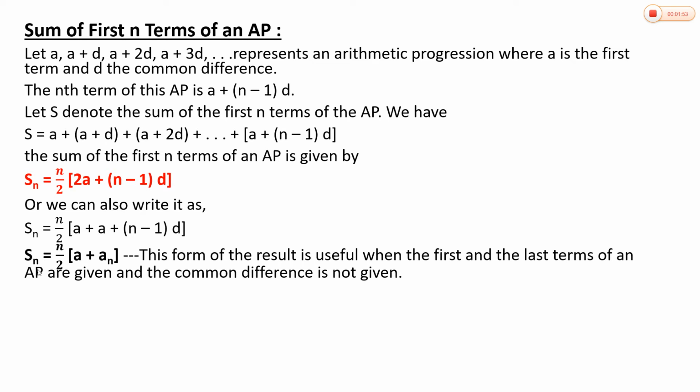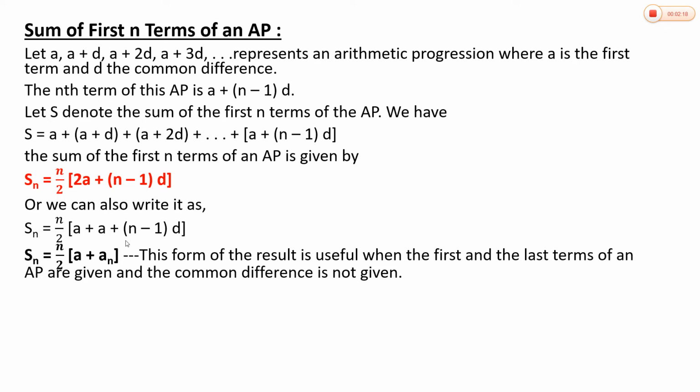Here Sn, we can also write this as n by 2 into, if we split 2a as a plus a, then a plus n minus 1 into d. You observe here the term a plus n minus 1 into d, you know that this is the nth term, an is equal to a plus n minus 1 into d.